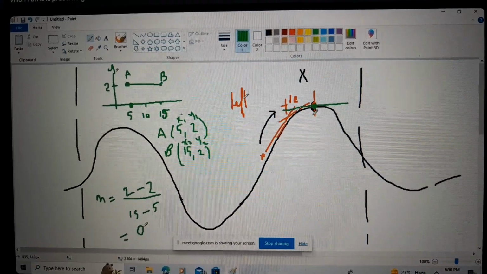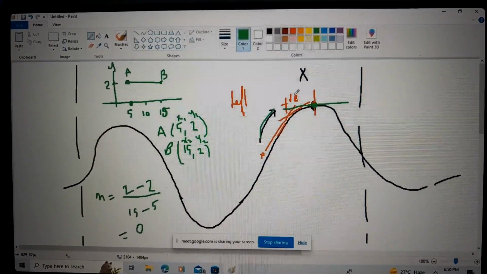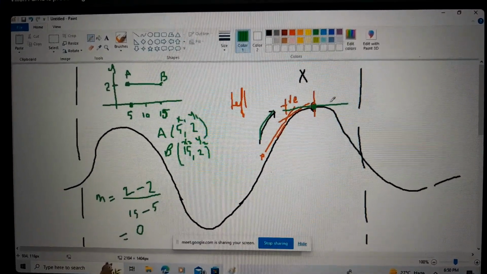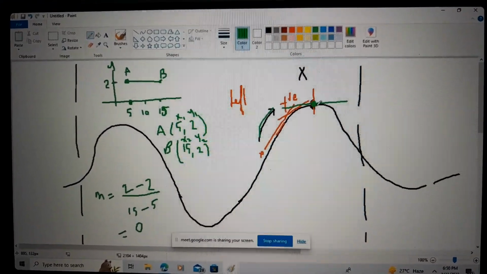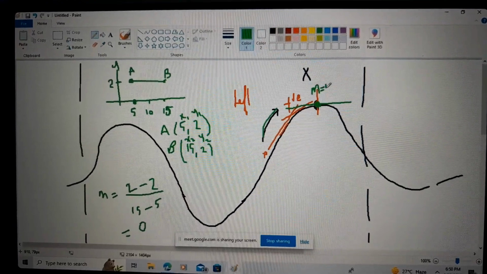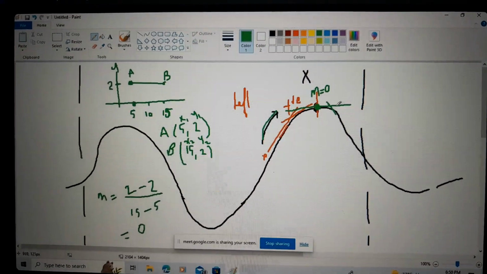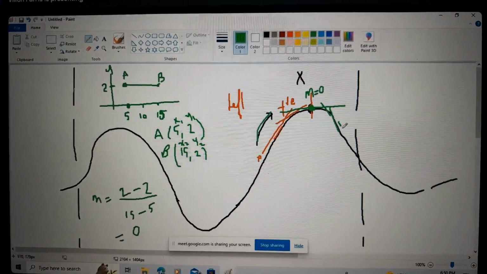So we see before the maximum point, to the left of the maximum point, the gradient is positive. At the maximum point, the gradient m would be equal to 0. And look what happens after, when we go to the right now. Look at the slope of the line. What do you recognize?